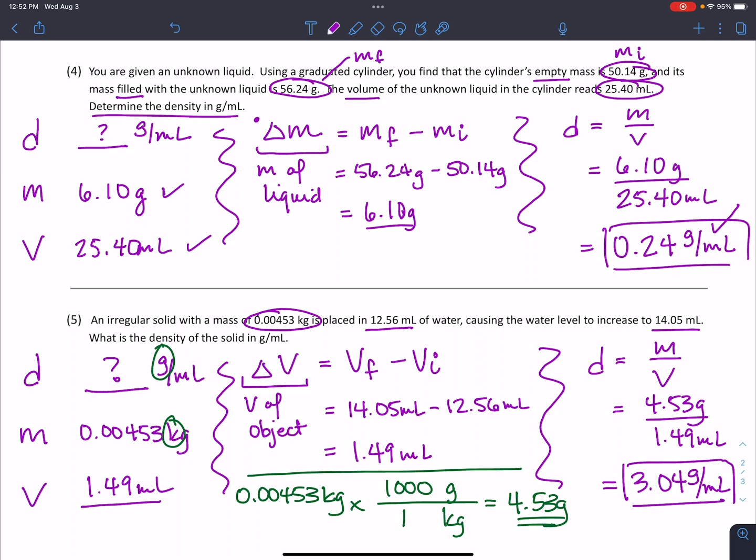I just think it's a little bit easier to do the conversion before you plug it in, but that doesn't mean that is the only way. So, again, watch out for your units. They are super important. And these two concepts of this change in mass or change in volume, also very important. Sometimes we're going to be given experimental data like this one, and we have to use that.